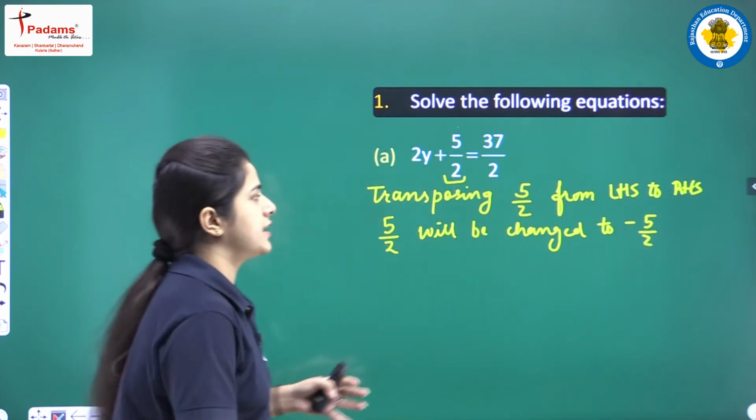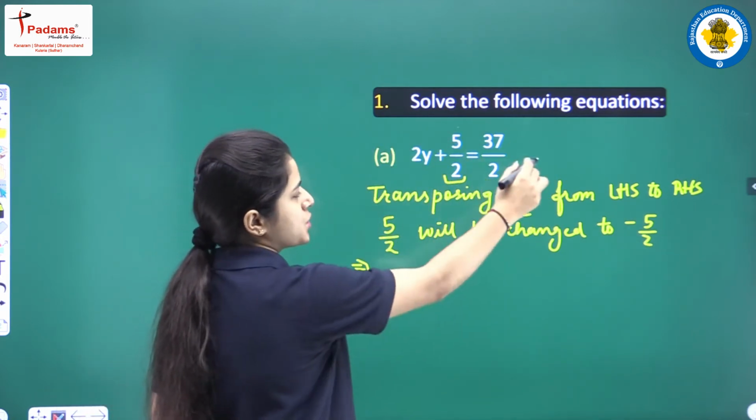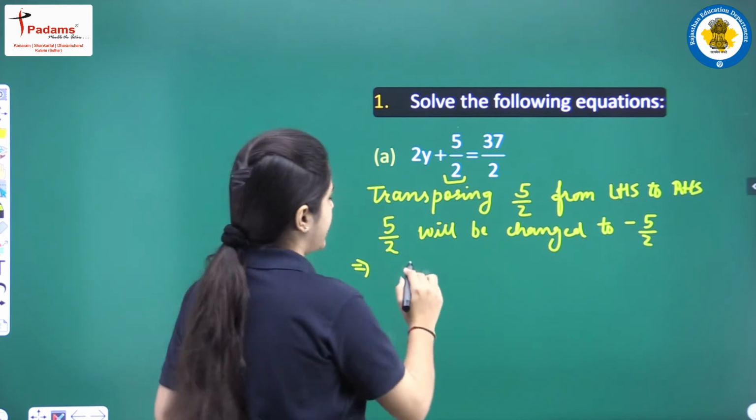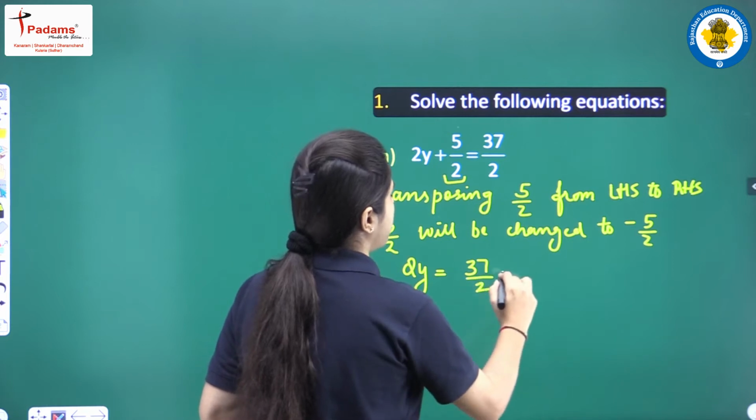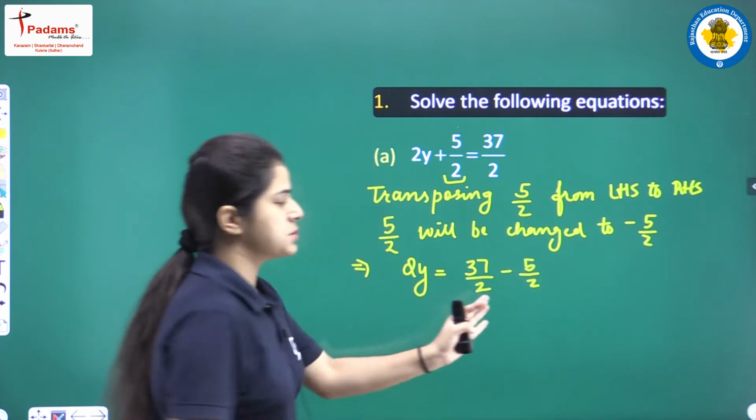Now we are transposing this over to the right hand side. What will it become? It will become 2y is equals to 37 upon 2 minus 5 upon 2. This will be the result.